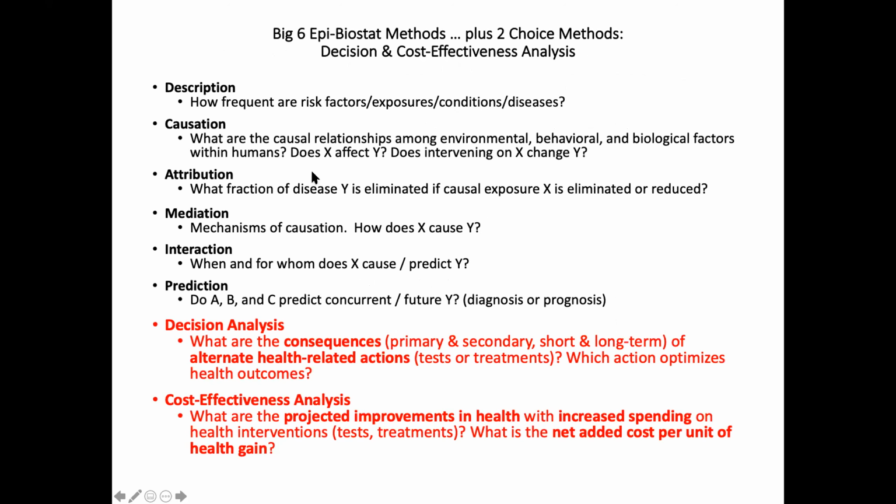When we think about quantitative methods relevant to making decisions in clinical and population health, we need to start with some of the standard techniques of clinical epidemiology. Description about how common are diseases and risk factors, what are the causal relationships, how much can we attribute of disease Y to a particular exposure X, what mediates this, et cetera.